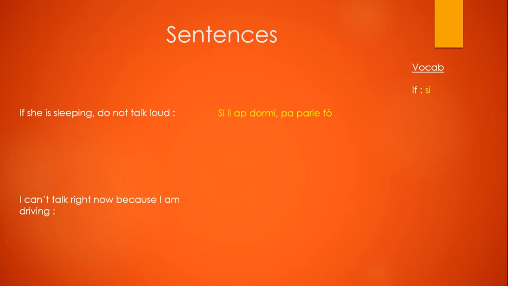Second sentence is I can't talk right now because I am driving. So the first part of the sentence, I can't talk right now, there's a negation there. So you would have to negate capable. And then because, we know that because is parce que.